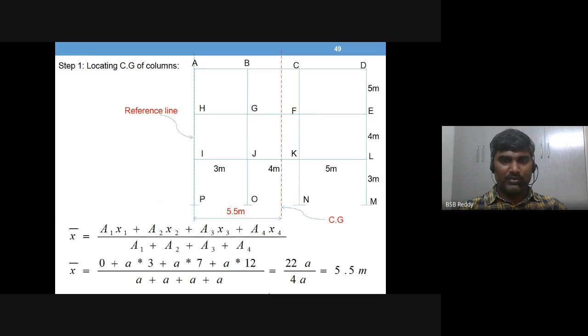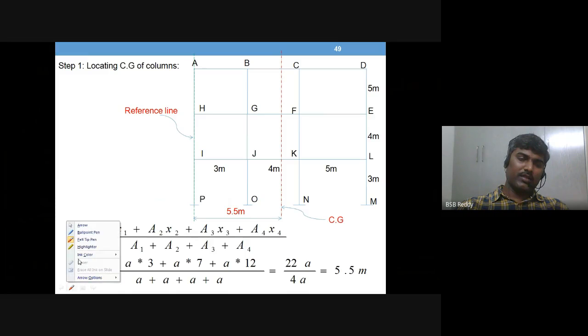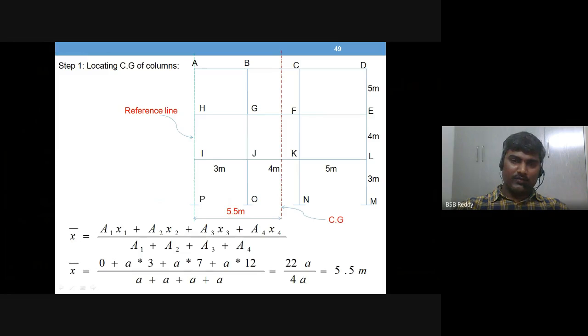So a1 means the first column and x1 means the distance of the first column from the reference line. Here I am taking the reference line as the first column itself. This is the reference line. So from the reference line, the first column distance is 0.